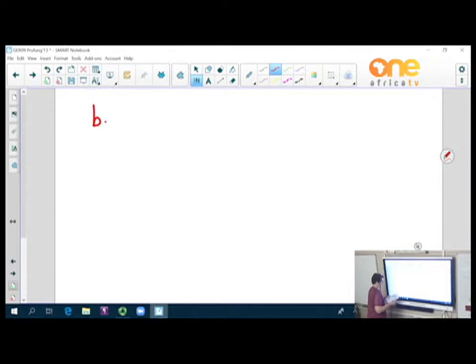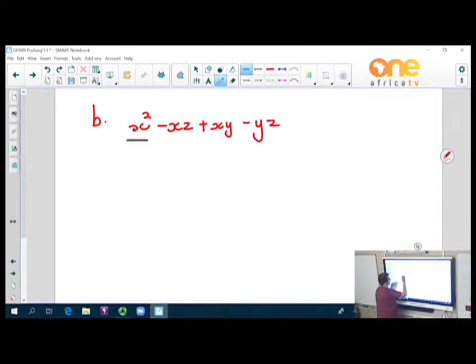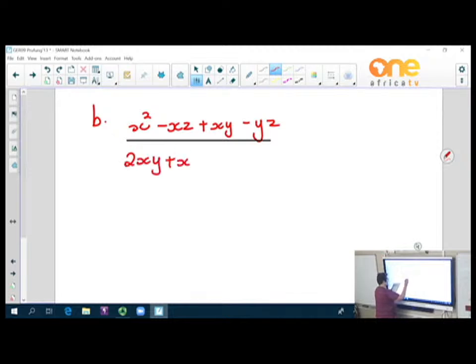Question B. Still grouping that we're dealing with here. X squared minus XZ plus XY minus YZ, 4 terms. This is going to be grouping, and then here you have 2XY plus XZ minus 2YZ minus Z squared, and I'm going to group them. 4 terms, grouping.